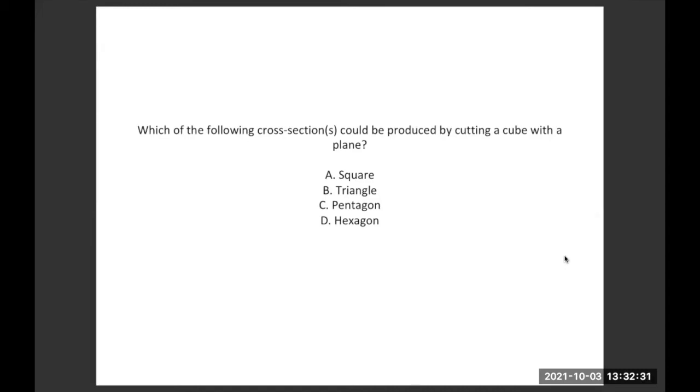Ma'am, can you explain what it means to cut a cube with a plane? So for example, if you cut a cube along the vertical axis, you get a square, right?